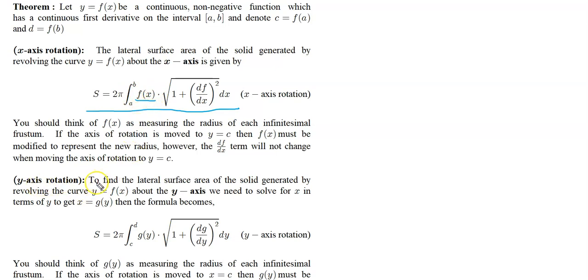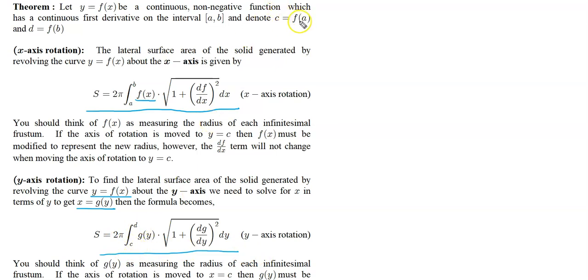Now for y-axis rotation, you need to take the curve y equals f of x and solve for x in terms of y to write it as a function x equals g of y. Then if you rotate the curve around the y-axis, this is going to be the formula for your lateral surface area. So notice we take 2 pi multiplied by the integral from c to d.